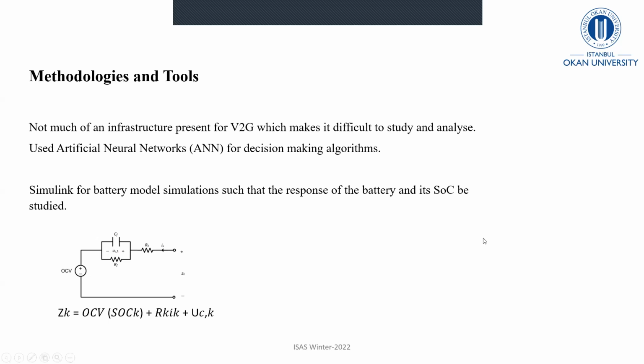The state of charge, SOC, will play a big role in the decision-making process. To model the battery, we use the basic RC circuit model, with OCV as the open circuit voltage and UC as the voltage across the RC circuit, with the current I_k providing the charge that is stored in our battery.